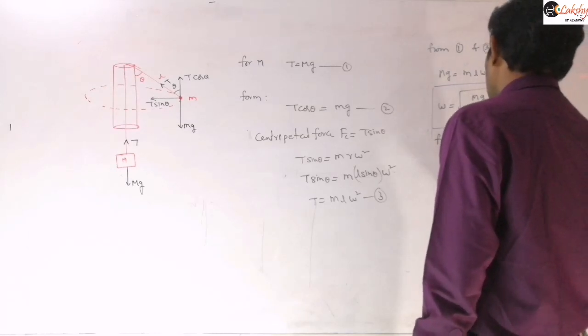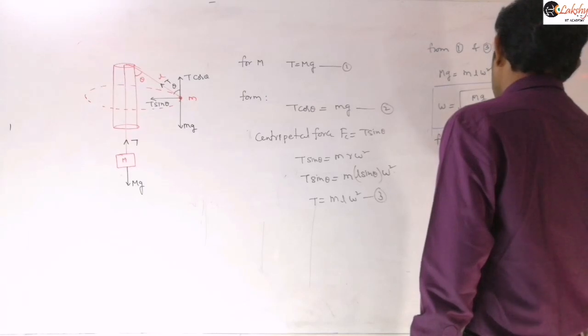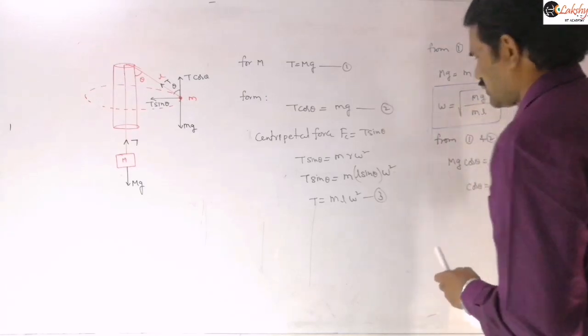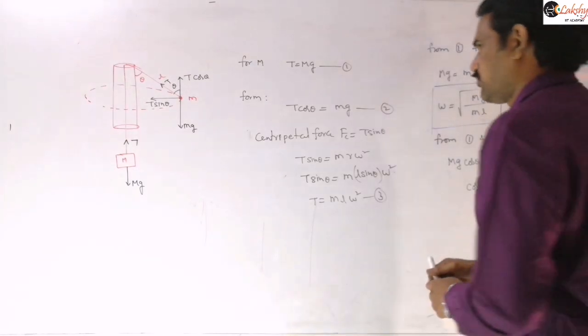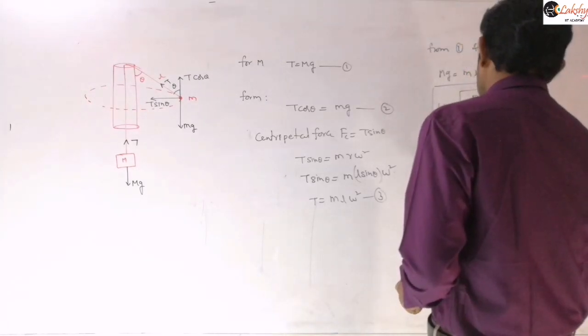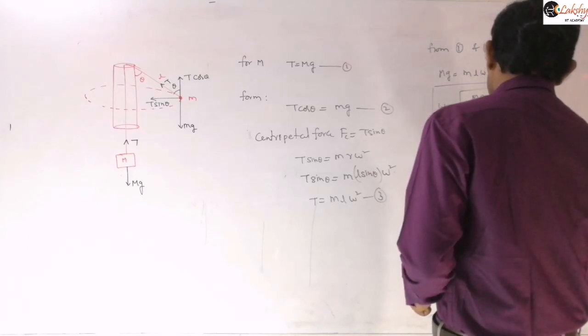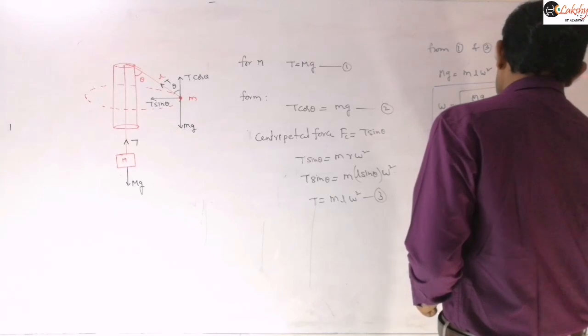Therefore cos theta is equal to small m by capital M. That is the theta at which the bob should rotate to maintain equilibrium. So that is cos inverse of m by M.